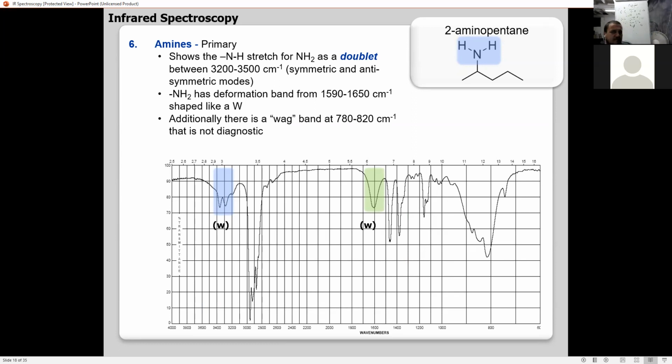That's because there are 2 hydrogens attached to a nitrogen on that left-hand side. So if you see that little pair of fangs on the left-hand side, it's an amine.